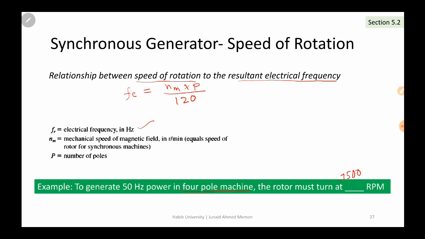If you reduce the number of poles to P equal to 2, then your required speed will increase to 3000 rpm. It will double. So that's a trade-off: whether you want to increase the poles and have a lower operating speed.